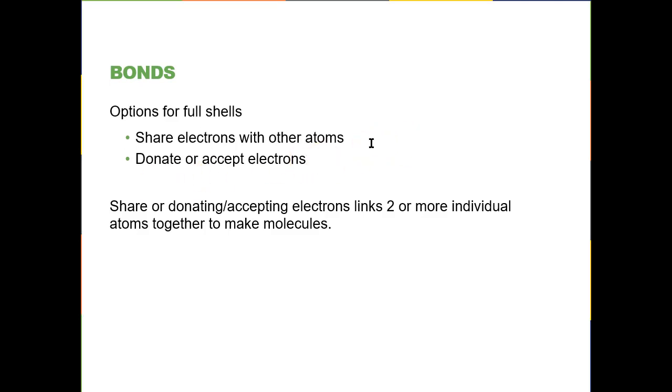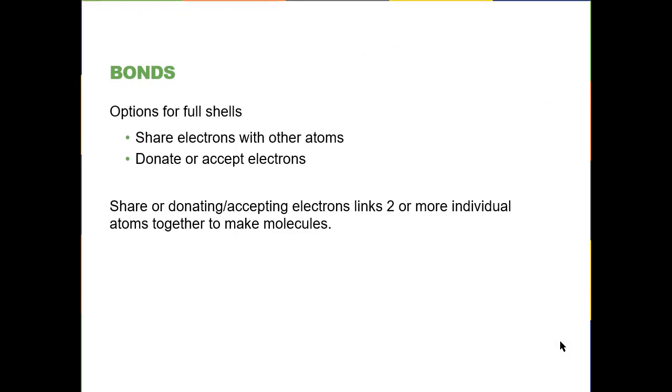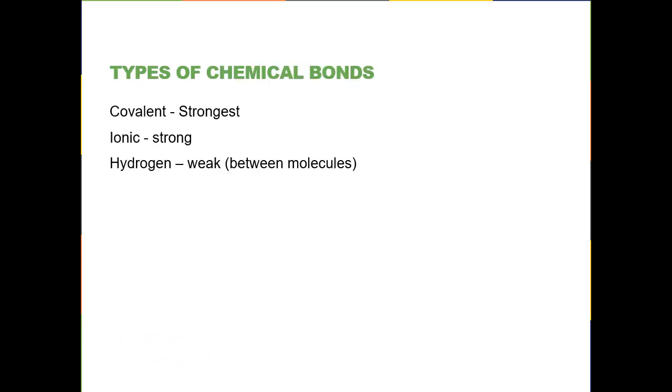They can share electrons with other atoms, or they can donate, get rid of an excess electron or 2, empty their outer energy shell, or they can pick up some excess electrons and fill that energy shell. Either one of these two things results in what we call chemical bonds, or intra-atomic bonds. So these are bonds that hold two atoms together.